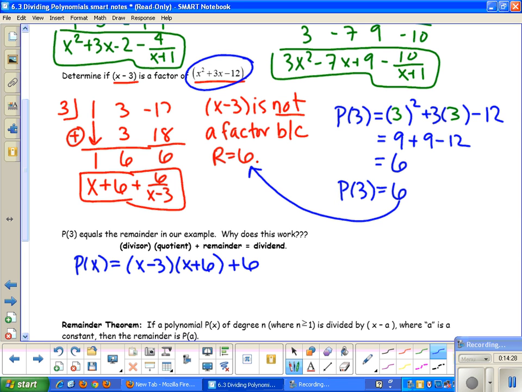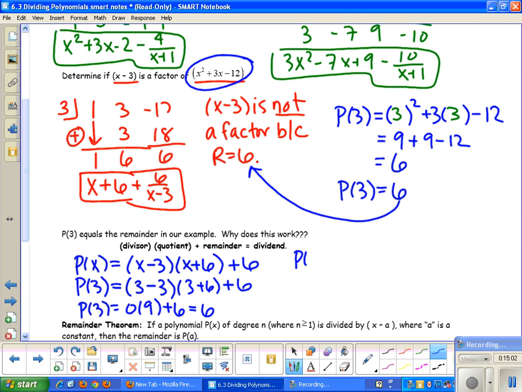So if I, into this equation, do p of 3, notice that I would have 3 minus 3 times 3 plus 6, and notice 3 minus 3 is 0, times 9 plus 6, which is just 6. So when you plug in 3, it makes your divisor part equal to 0.